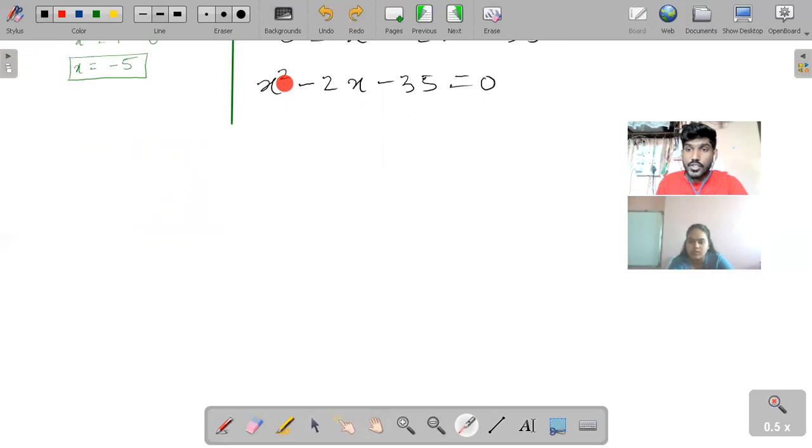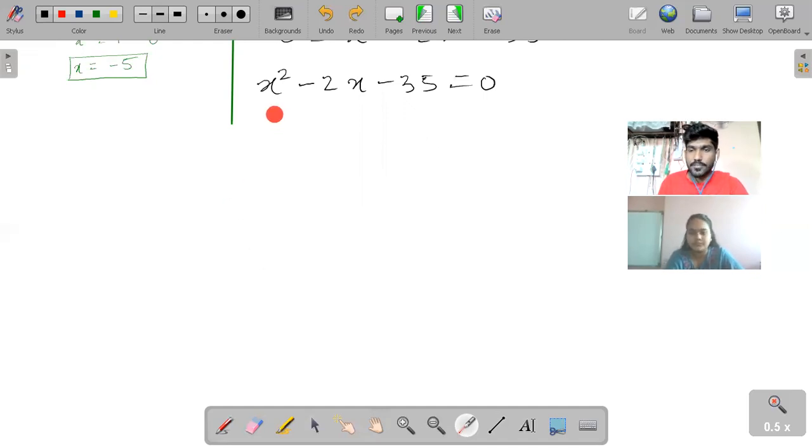Now, whenever the highest power is 2, this equation is called a quadratic equation. There are cubic equations, quadratic equations and linear equations. In a linear equation, the highest power is 1. In quadratic, the highest power is 2, and in cubic, as you know, it will be 3.